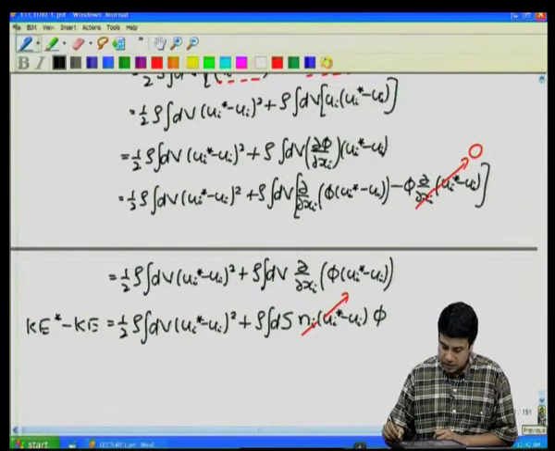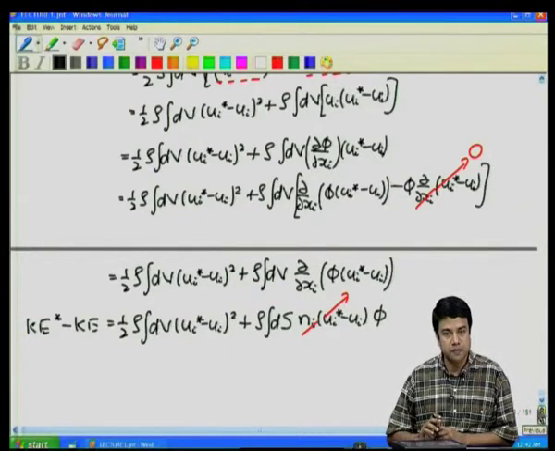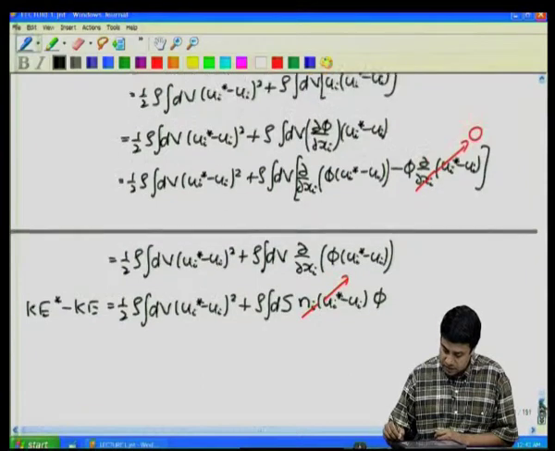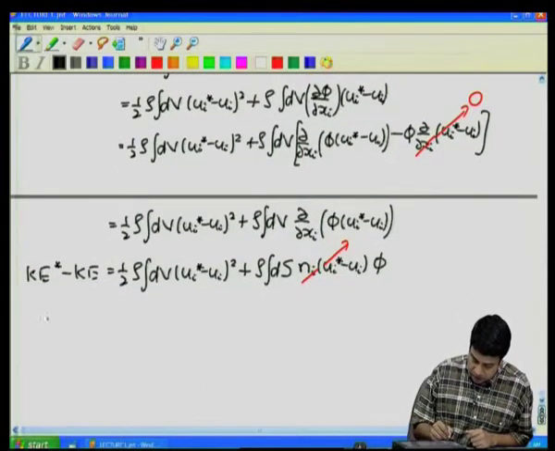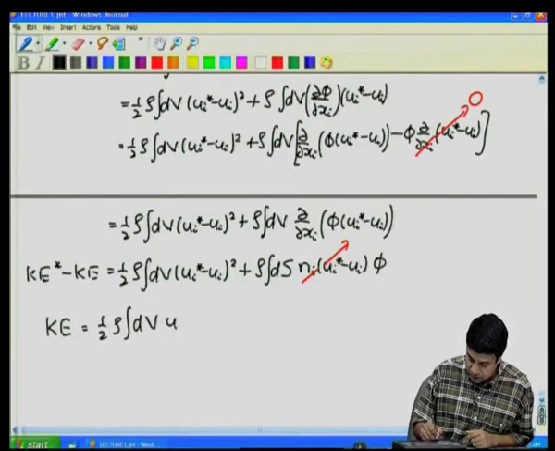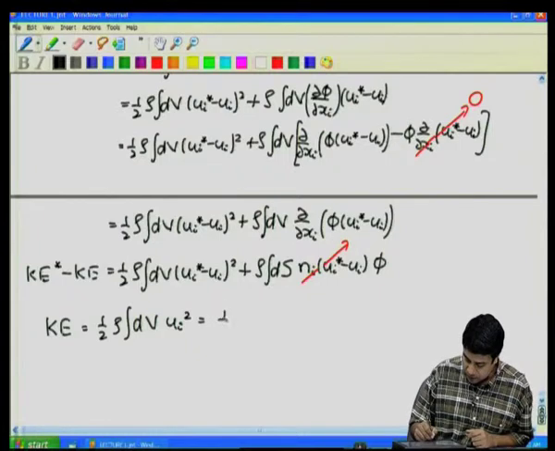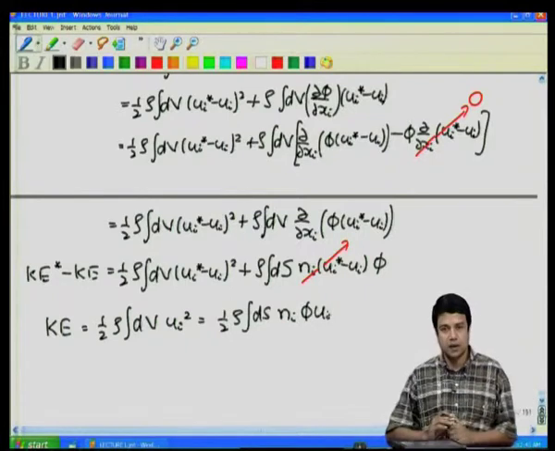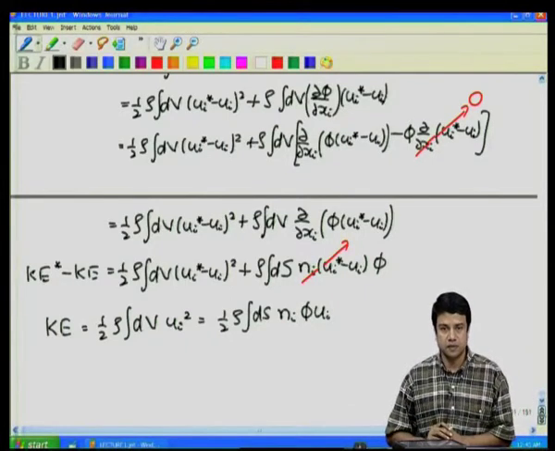Note that the kinetic energy for the flow can be expressed purely in terms of the surface integrals themselves. As I showed you previously, kinetic energy of the flow is equal to half rho integral over the volume of ui square, which is equal to half rho integral over the surface of n dot u times the potential.